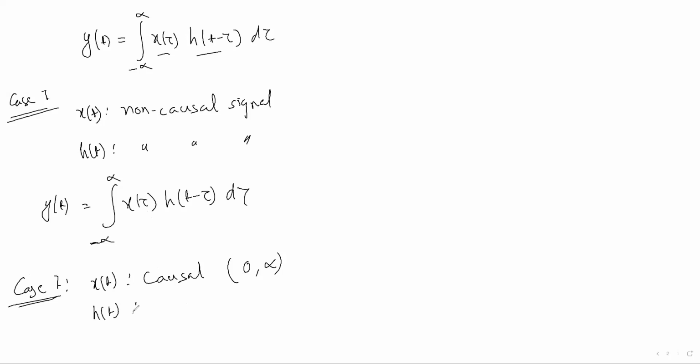And let h(t) also be a causal signal, and it exists from 0 to infinity. Then our y(t) equation will be, this limit is important, that's why I am giving this as a case. In case 2, the limit is from 0 to t. That thing you should know. x of tau, h of t minus tau, d tau.